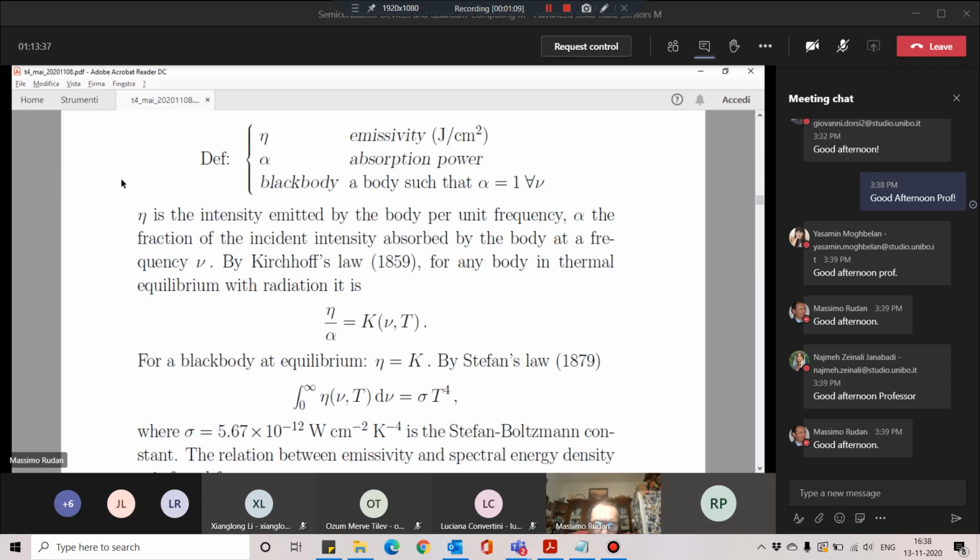This relation applies to any body in thermal equilibrium, but if we consider specifically the black body, by definition alpha is equal to 1. So eta becomes identical to K. So this function that is investigated for the case of the black body is emissivity.